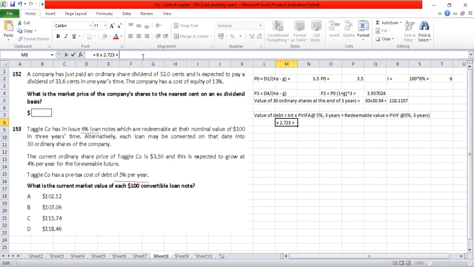But instead of paying in cash, they would be paying 30 ordinary shares. So whatever is the value of those 30 shares is the redeemable value. The value of 30 ordinary shares at the end of 3 years, we have calculated as 118.1107 into the present value interest factor. It is not in the form of an annuity.